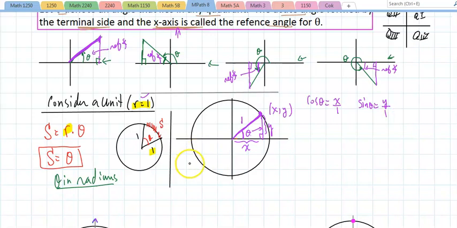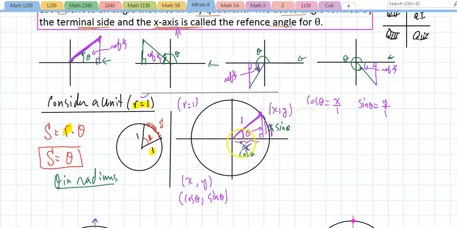That means in a unit circle, the traditional x and y, I could replace by the cosine of theta and the sine of theta, as long as we're talking about reference angles, as long as it's running down to the x-axis. Well, that means I could take x out and say that's the cosine of theta, and take y out and say that's the sine of theta.